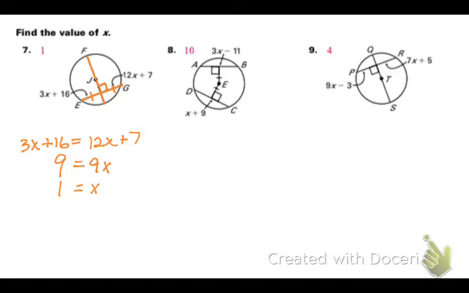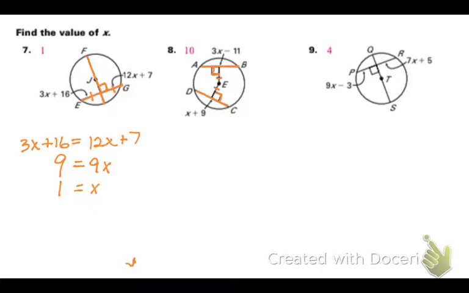Let's look at number 8. Here, again, we're looking for these two lengths here. We're given that these two chords are perpendicular to these two lines coming from the center, and these two lines are also equal.